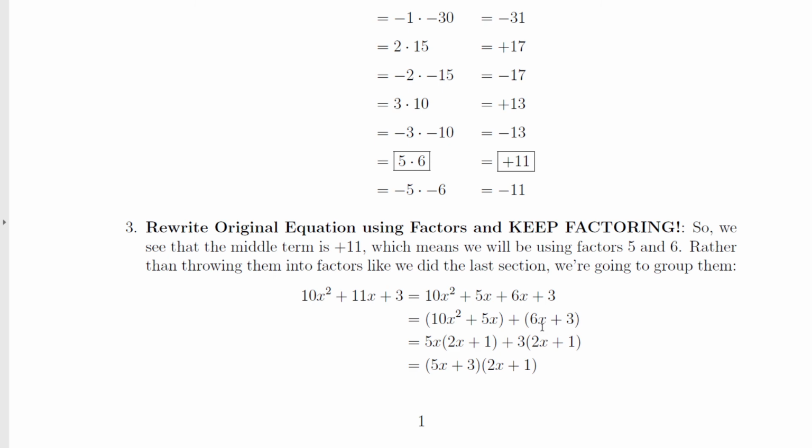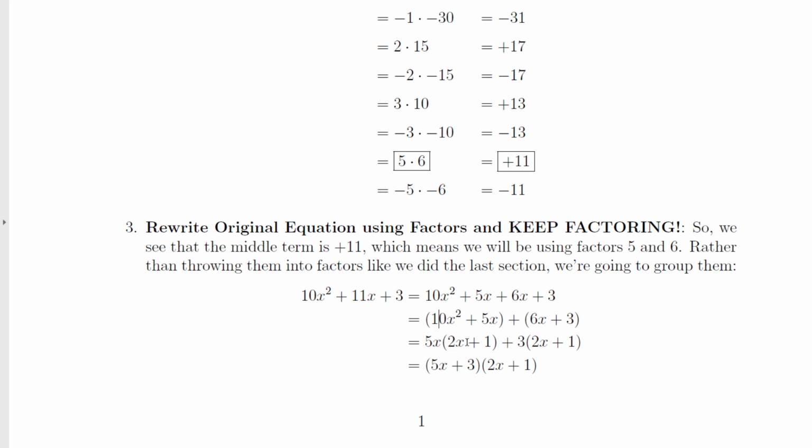So why is that important? Because when we go down to the next step, you're going to factor out each of these individual pieces. So here there's a 5x inside of here. There's a 5x right here. So we're going to pull that 5x out.